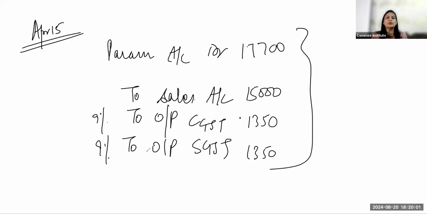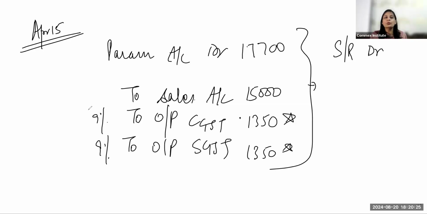Are you able to pass the entries, children? Moving on to the transaction where we are going to reverse this output GST. See, this is the sales entry. If I try to pass the entry for sales return, what would be the entry? It is the reversal of this entry. Sales return is there, so sales return account is debited.